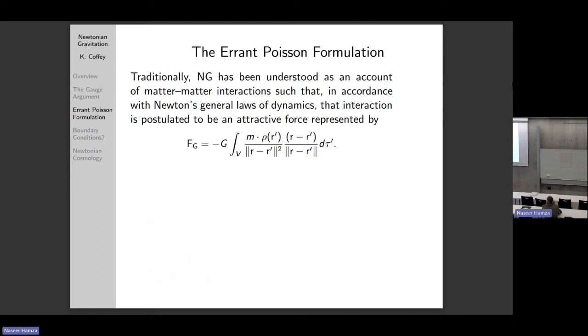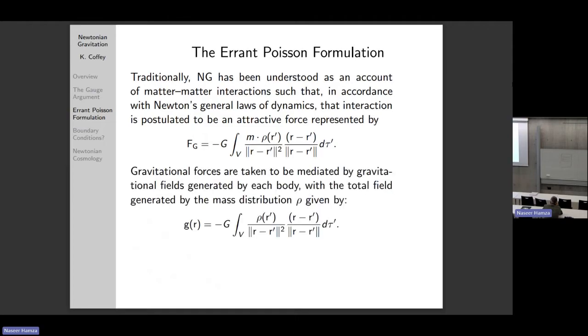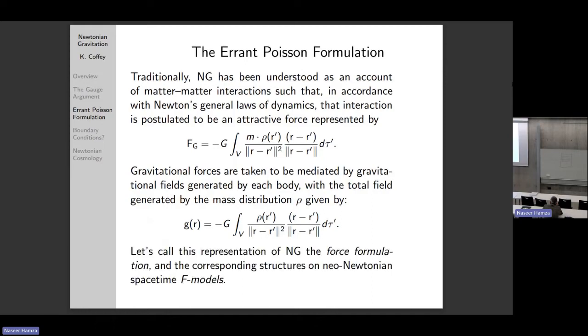And if you think of the gravitational force exerted on a body with mass m, and the matter distribution being given by this integral, then you can associate a particular gravitational field with that distribution rho that generates these gravitational forces on individual masses. So this is the sort of formulation that one would be led to before one learns about the Poisson equation.